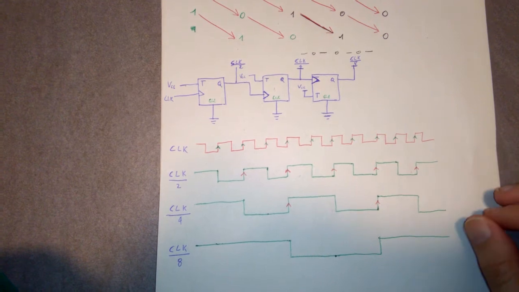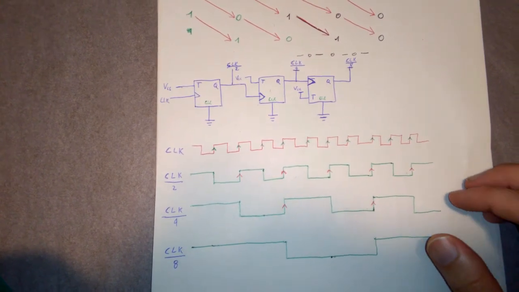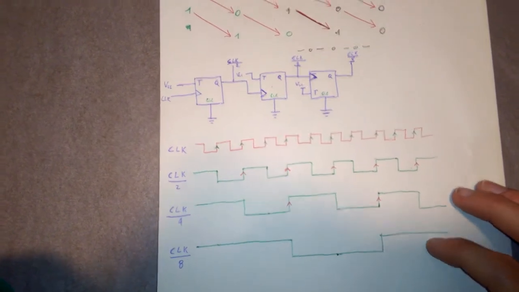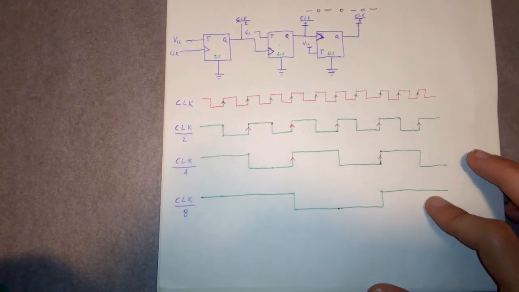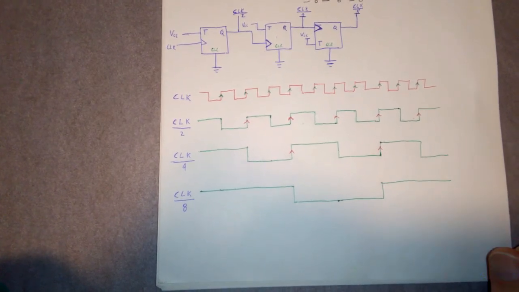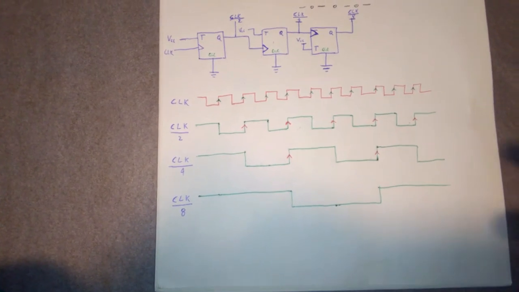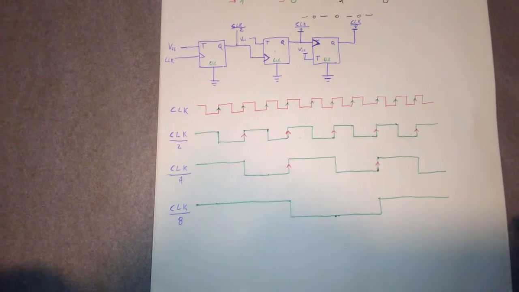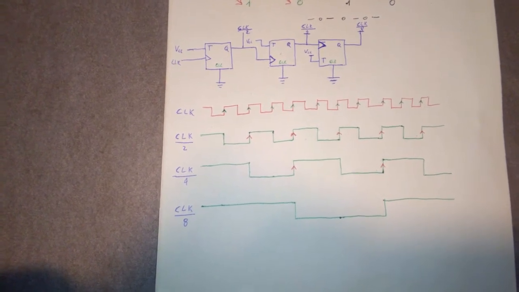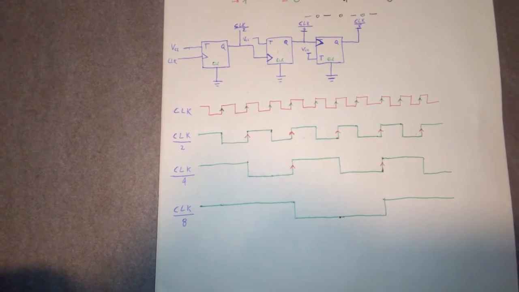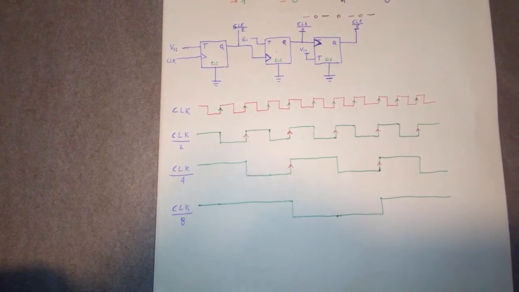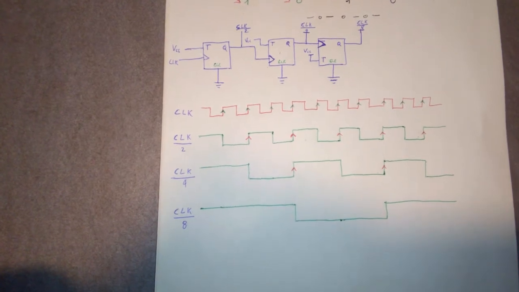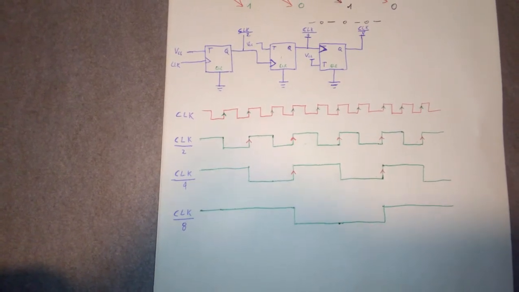And I know you may be wondering, why do we need to divide the clock? What is it good for? Well, it's useful for many different reasons, but one application I can talk about is whenever you wear a watch, especially in the old days when you had a simple one.